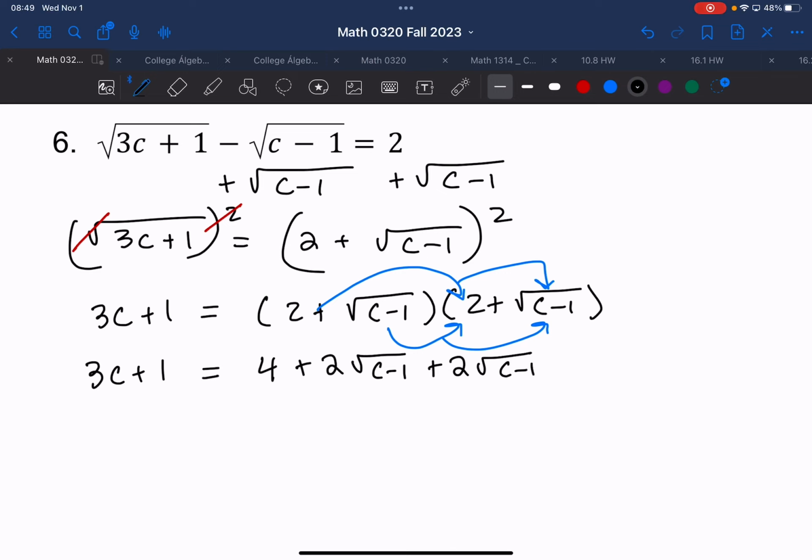And then the radical times the radical. What happens when we multiply two radicals that are exactly the same together? What happens to the square root? Cancel. So I'm just left with c minus 1. Okay. Any like terms on the right side?